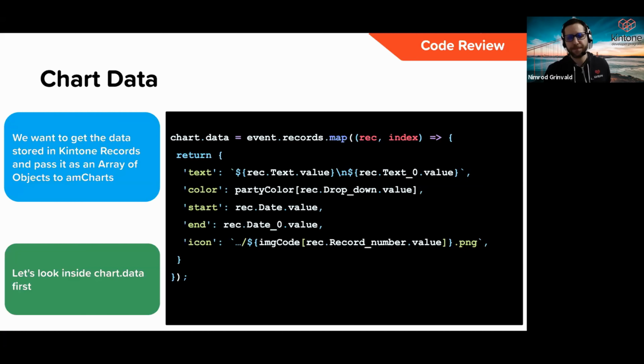Said differently, any array, for all intents and purposes, has a map method. And what that map method will do is it'll let you take the array that you have, create a new array with exactly the same number of items, and then change the first item to look like a different first item in the new array.